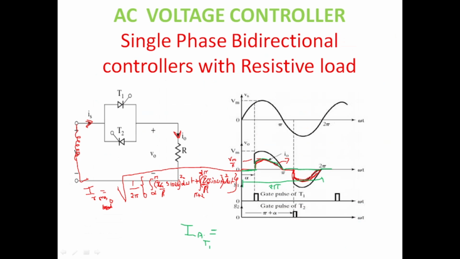This is equal to integration from alpha to pi, divided by 2 pi.